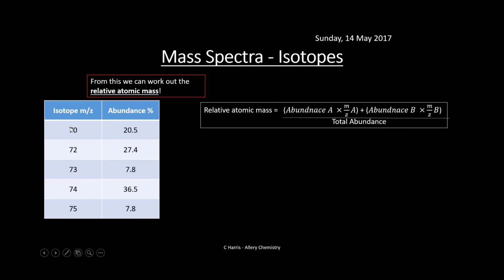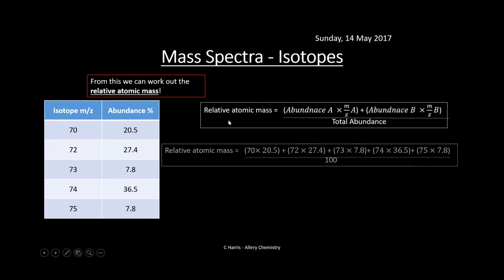We can also work it out using tables. We've used a graph there, but we can use a table. So we've got the mass number of various isotopes. Here we've got 5 isotopes making up this element, and we've been given the relative abundances of each isotope. Again, using this formula, we can work out the relative atomic mass. All we do is 70 times 20.5, 72 times 27.4, and so on.